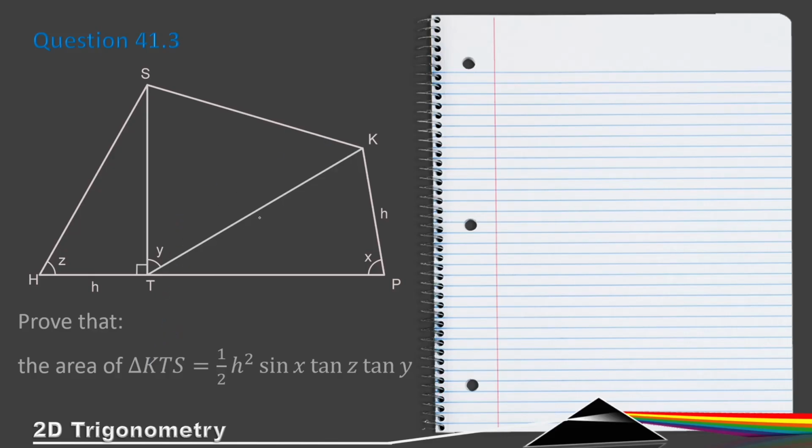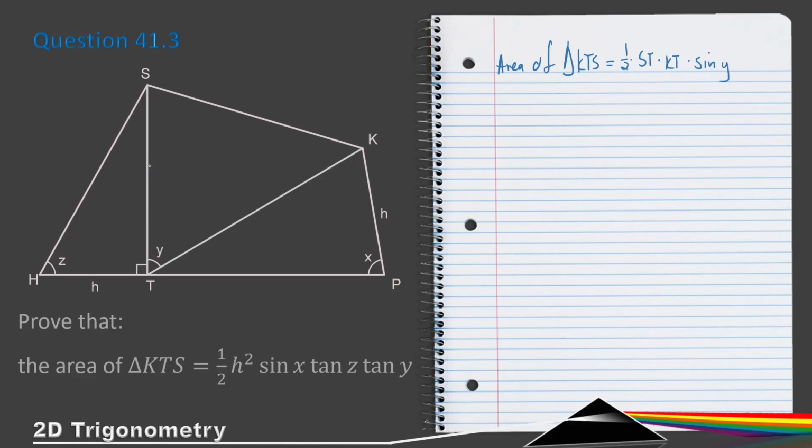KTS, we know to find the area we can just say half two sides with an included angle. So if we write that in terms of what we have already, we can say that the area of triangle KTS is equal to half times ST times KT times sine of the included angle, which is y.